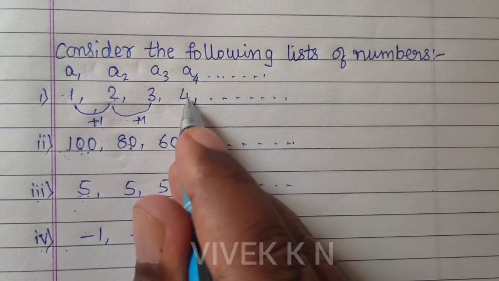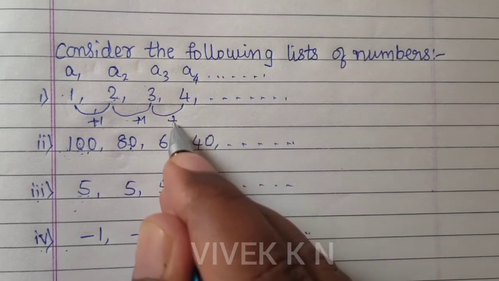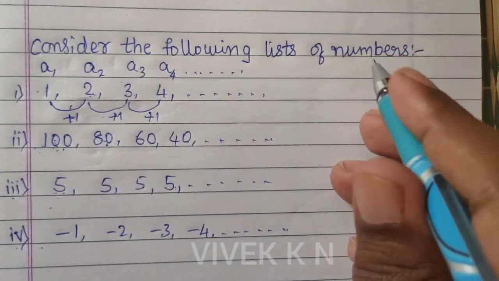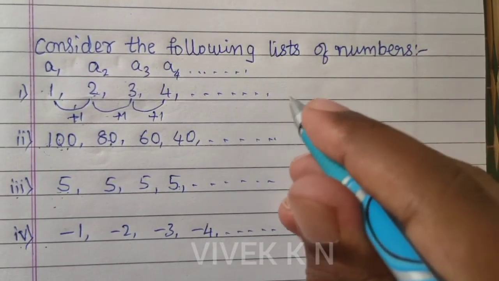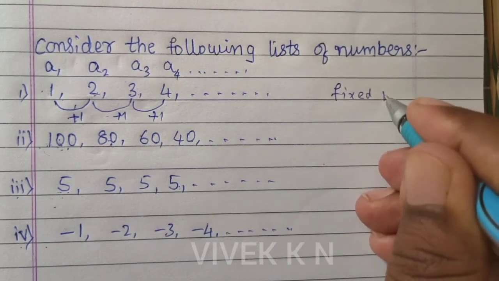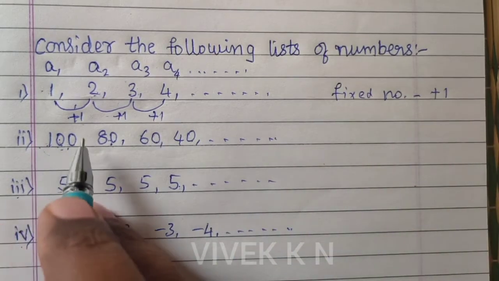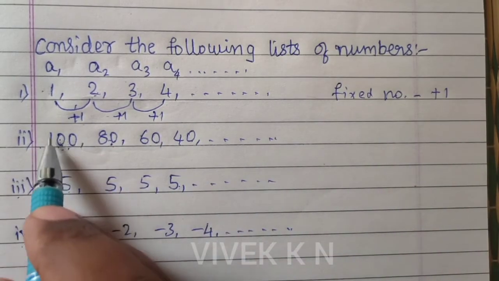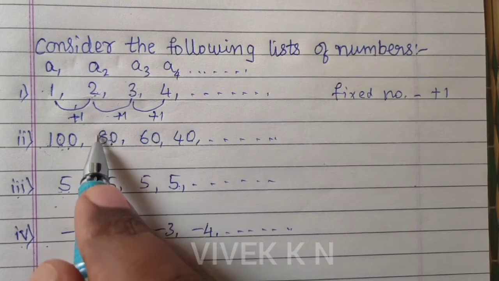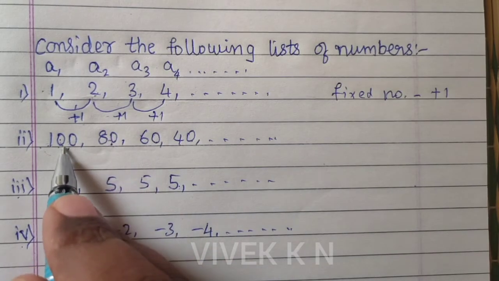Next, the fourth term is obtained by adding +1 to the third term. So, here in this first sequence, the fixed number is +1.